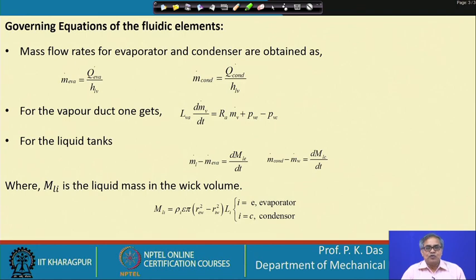So, there should be some sort of a coupling between liquid and vapor, and then ultimately there should be a coupling between the fluidic network and the thermal network. So, these 2 couplings are very important. Okay. So, let us now see how these 2 couplings can be done.